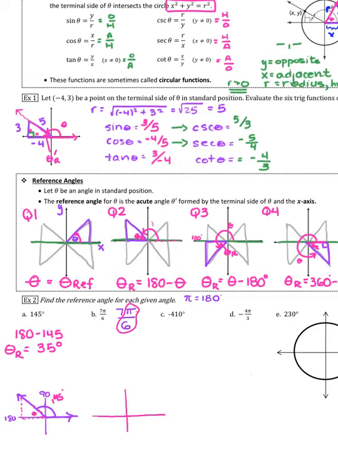So let's draw it just to kind of emphasize what we're doing here. So here's this 30 times, because pi over 6 is 30, 30 times 7 is 210. So the angle we're looking at comes down here. That is 7 pi over 6.